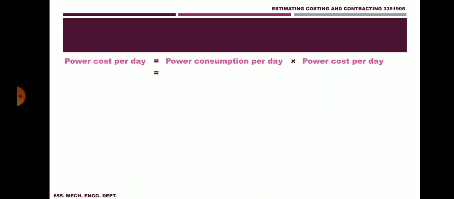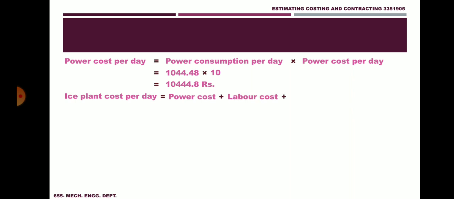Power consumption per day is 1044.48 into 10, which is equal to 10,444.8 rupees. Now ice plant cost per day equals power cost plus labor cost plus overhead cost, which is 10,444.8 plus 2,000 plus 5,000, which is equal to 17,444.8 rupees.